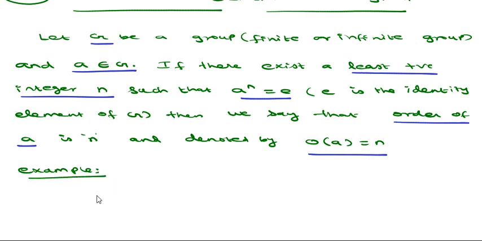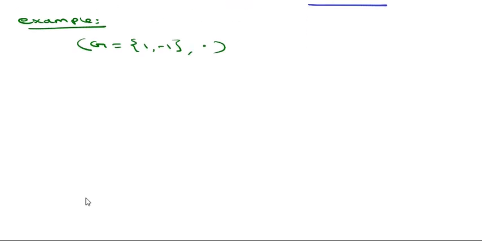So let us consider the group G equal to {1, minus 1} under the operation multiplication. So this is a group. This we can easily check using the concept of Cayley's table.